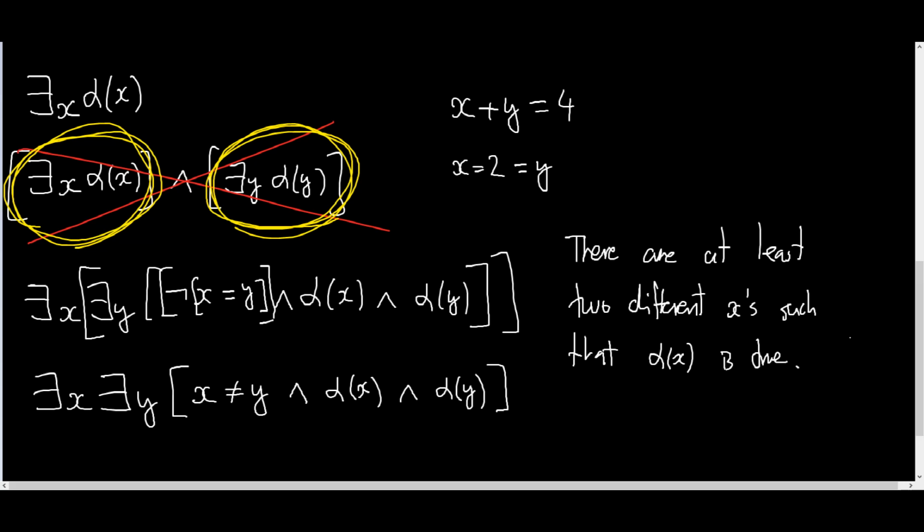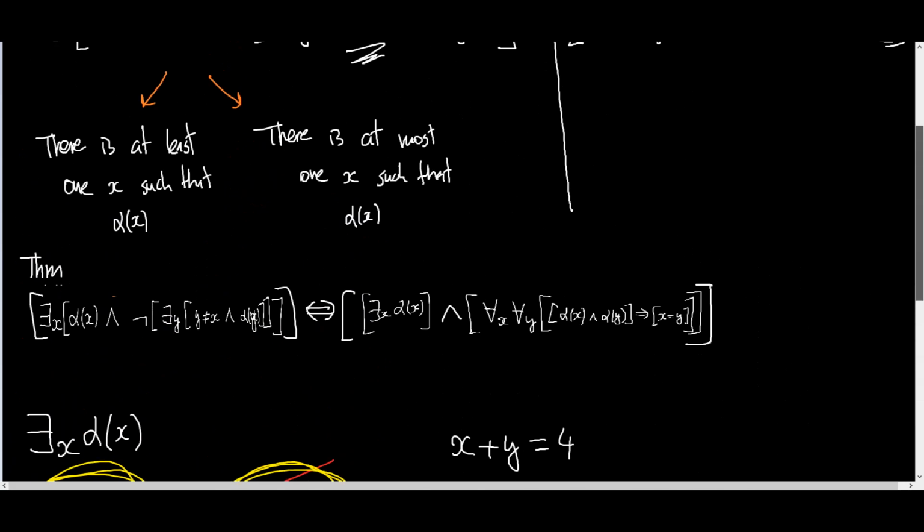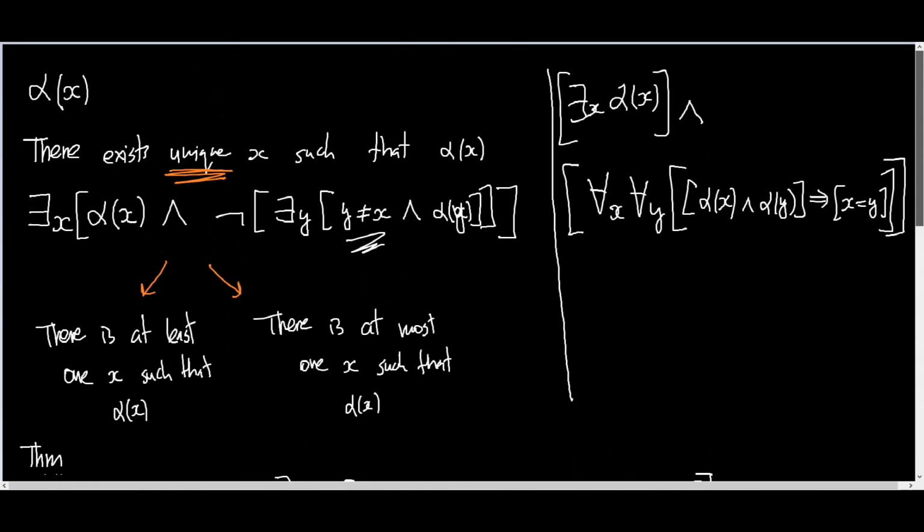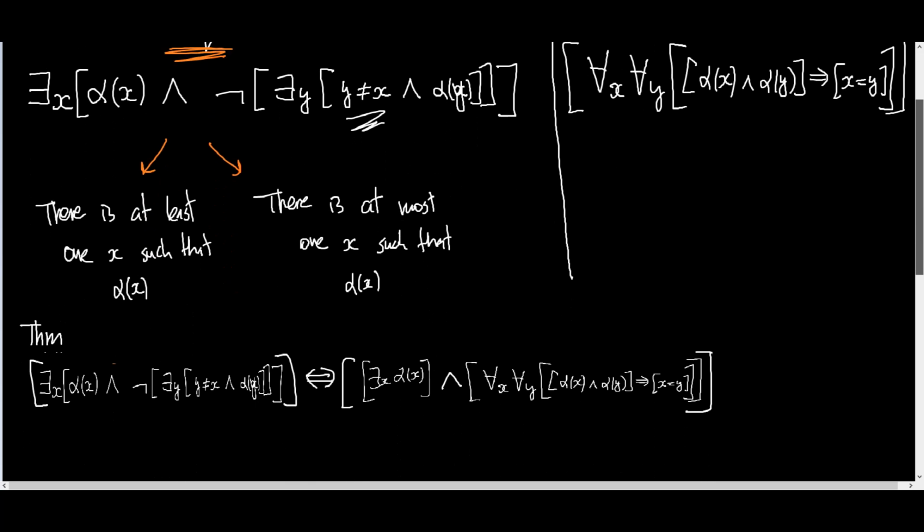Okay, so a good exercise for you to try by yourself now would be to see how you can express that there are exactly two different x and y such that alpha is true for them. So this gives us that there are at least two different, and we looked previously at how to say that something is at most one, and now it will be interesting to see how you could phrase something being at most two.